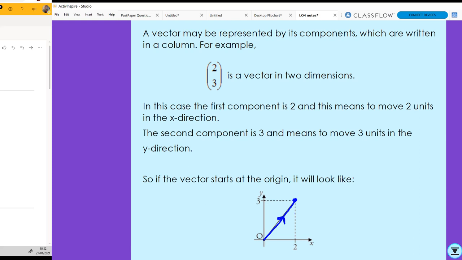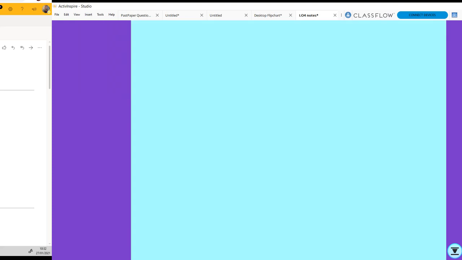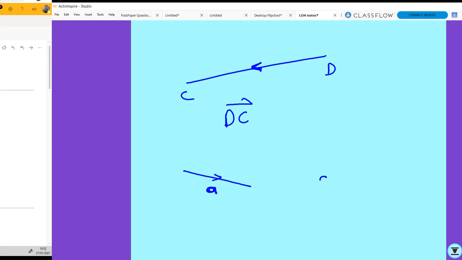So there's 3 ways that we can write a vector. We can either label it using letters. Make sure when you use the letters, you're going from the start to the end of the vector. So in other words, this one's flowing from D to C. Or you've got a vector written in bold, we write it as an underlined letter.